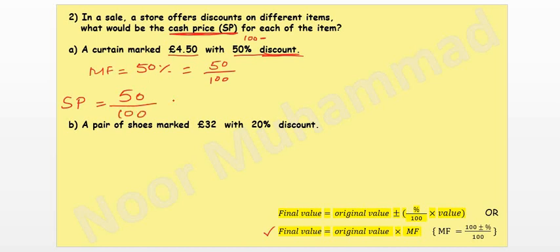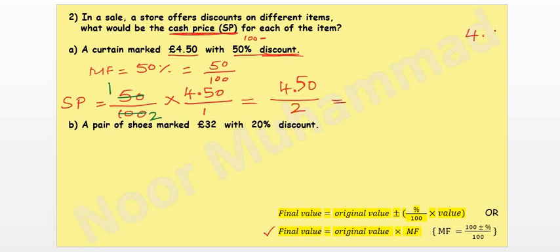So 50 out of 100 times 4.50 out of 1. Now 50 and 100 can be simplified with each other, because 50 times 1 is 50 and 50 times 2 is 100. So we are left with 4.50 in the numerator and 2 in the denominator.